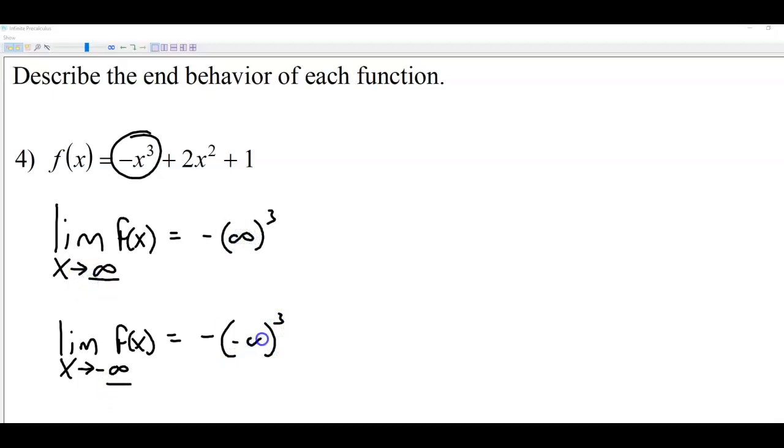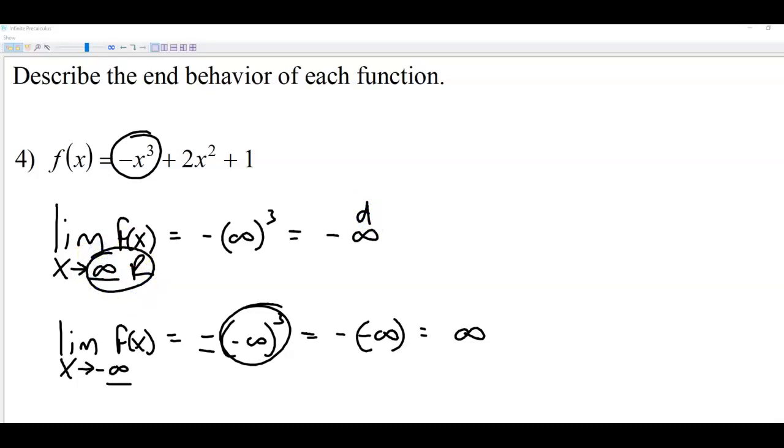Here we're plugging in a negative infinity. On the top, if you cube infinity, it stays infinity, and we still have the negative in the front. On the bottom, if you cube negative infinity, you get negative infinity. But we still have another negative in the front, so this one actually becomes a positive infinity because the double negatives cancel. And what this means is that on the right side of my graph, we're going down.